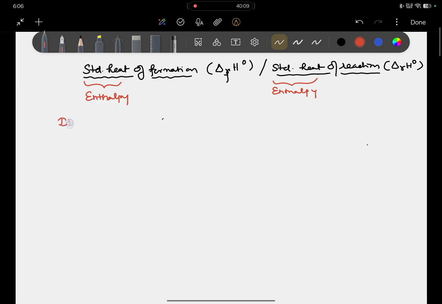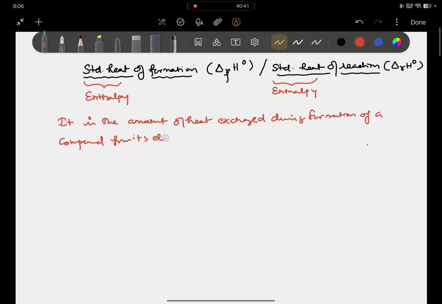It is the amount of heat exchanged during the formation of a compound from its elements at 298 Kelvin and 1 bar pressure, and is called the standard heat of formation.